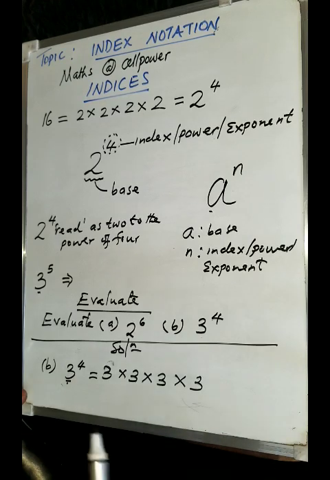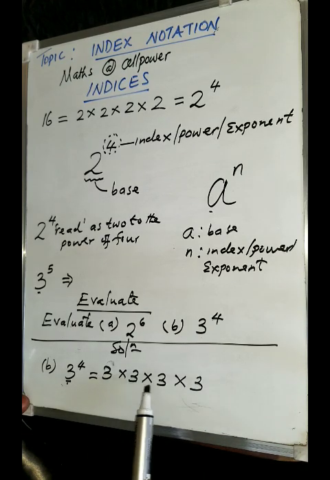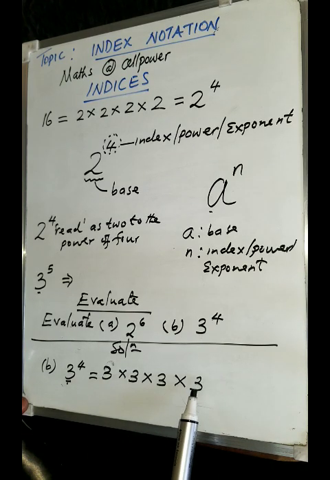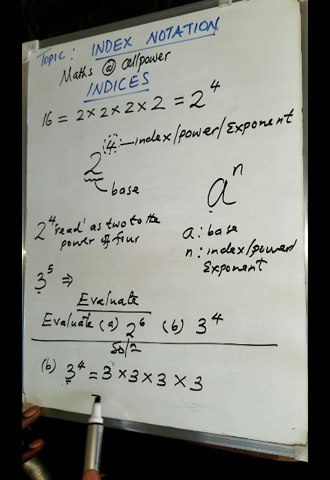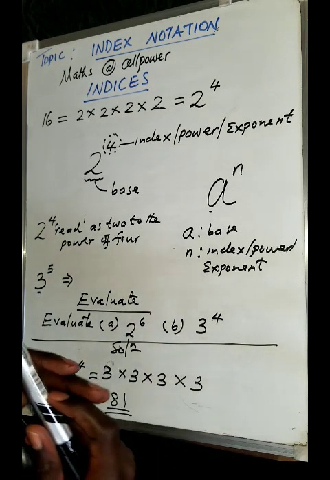So 3 times 3 is 9, 9 times 3 is 27, 27 times 3 gives us 81. That is the meaning of what we have talked about.